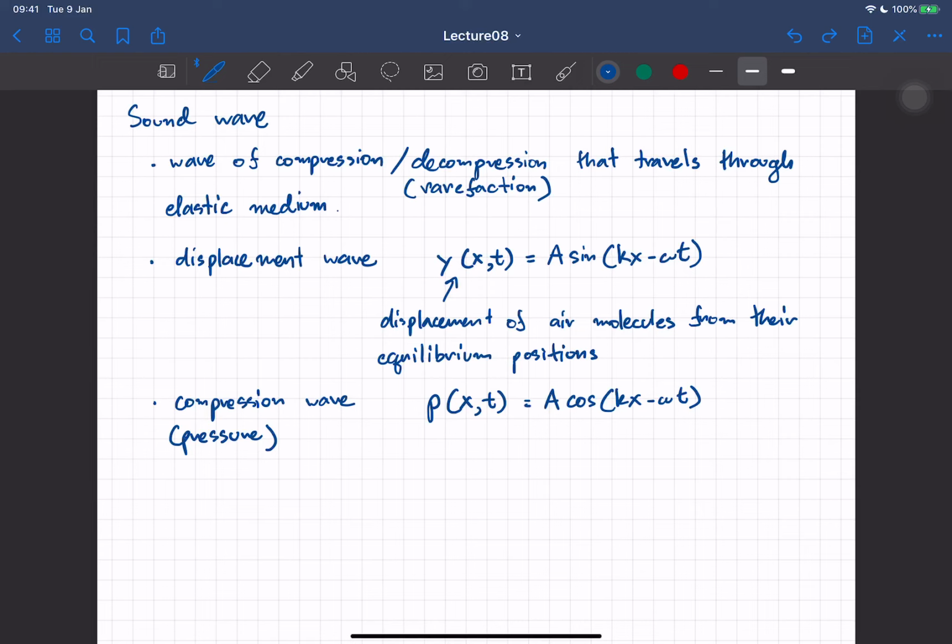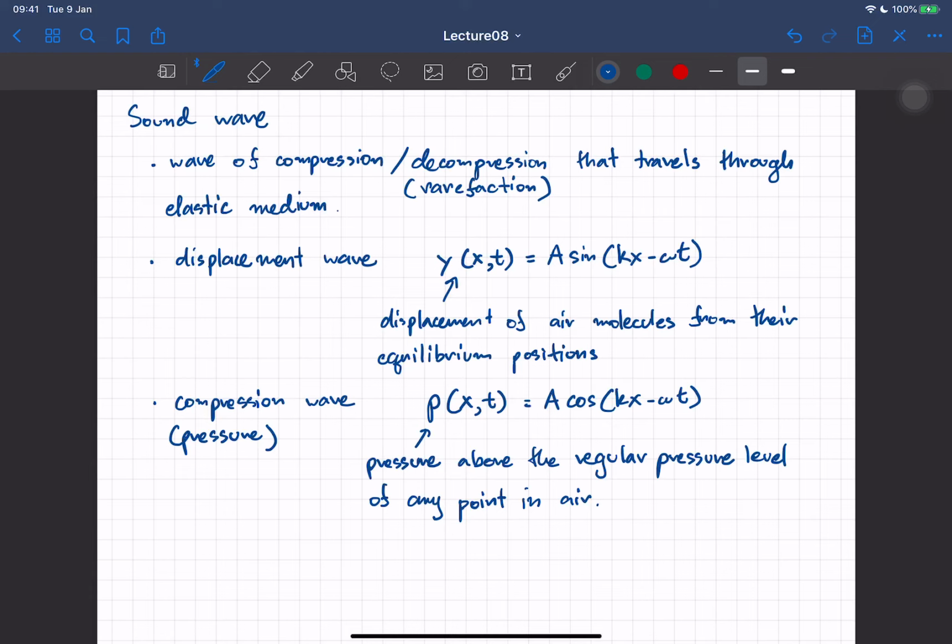Here, this one is the pressure above the regular pressure level at any point in air. What do I mean?